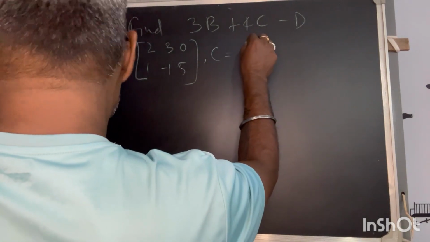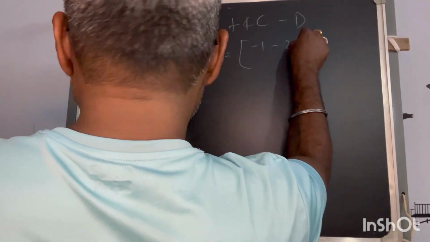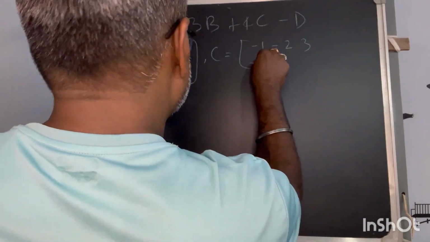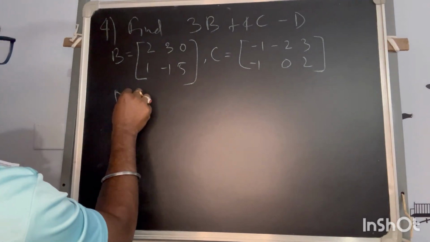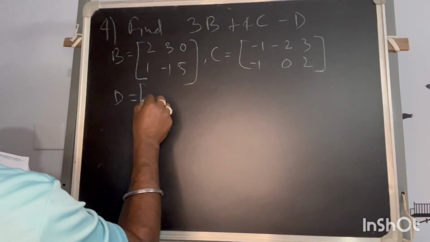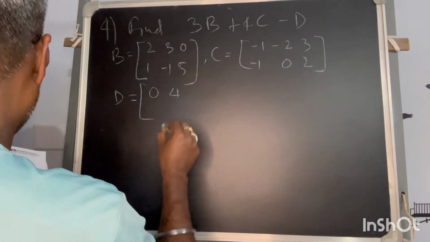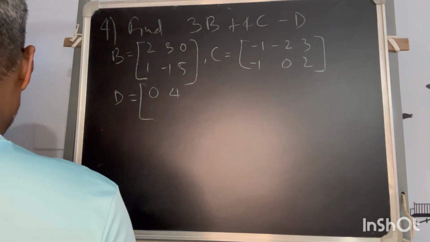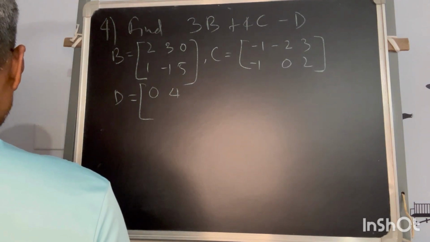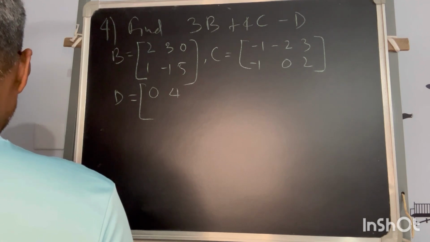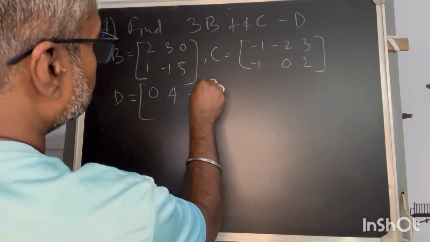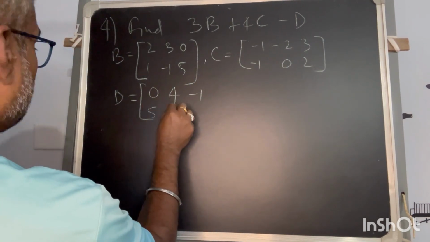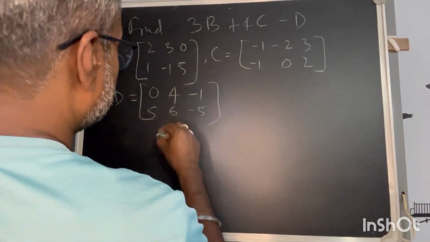C is given as minus 1 minus 2 3 minus 1 0 2, and D is given as 0 4, minus 1, minus 1, 5, 6, minus 5. So these are given.